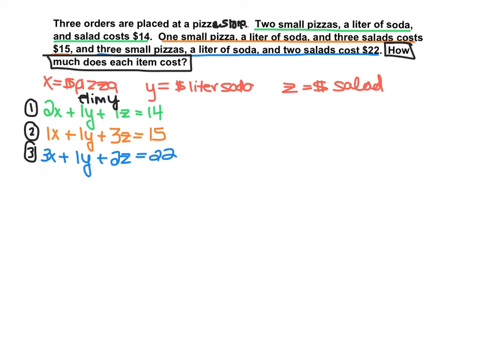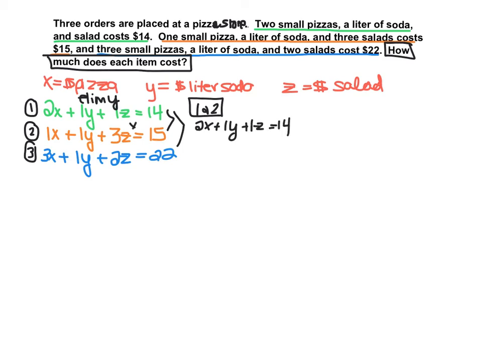So what I'm going to do is, it doesn't matter which one I pick, I'm just going to pair up equations 1 and 2 and 1 and 3. To start, I'm going to pair up equations 1 and 2, and I'm going to leave the first equation as is. So I have 2x plus 1y plus 1z is equal to 14.